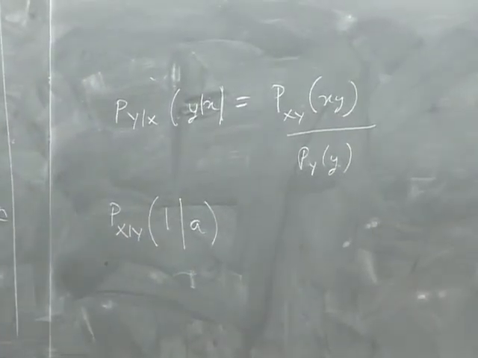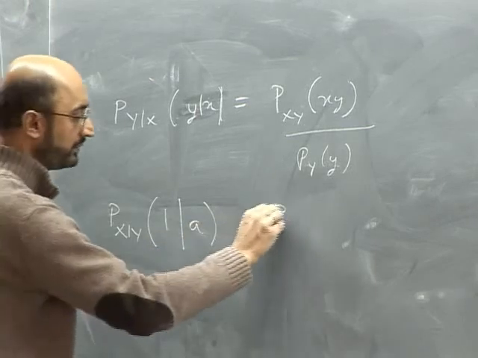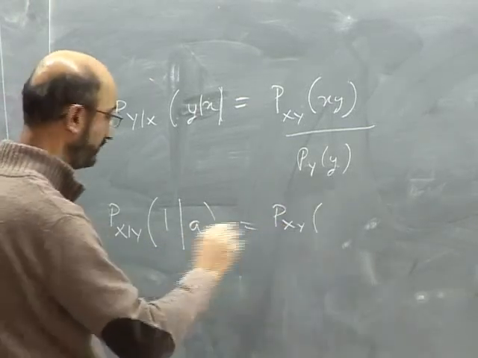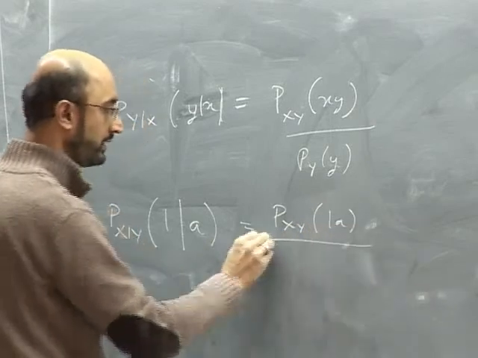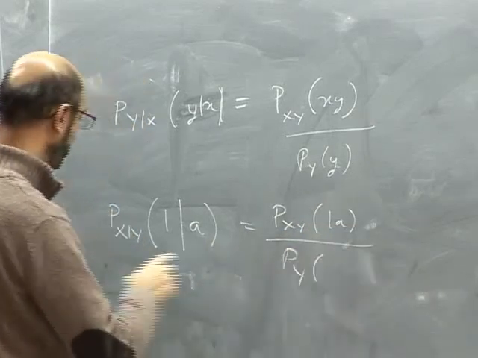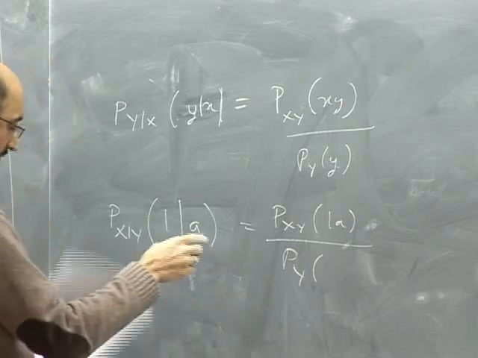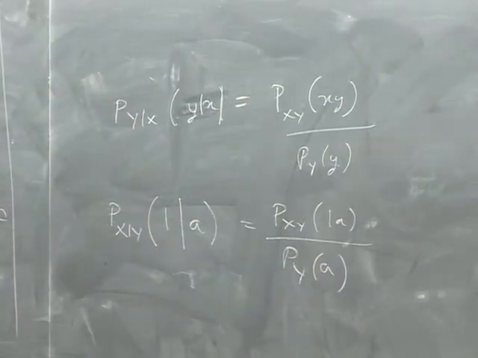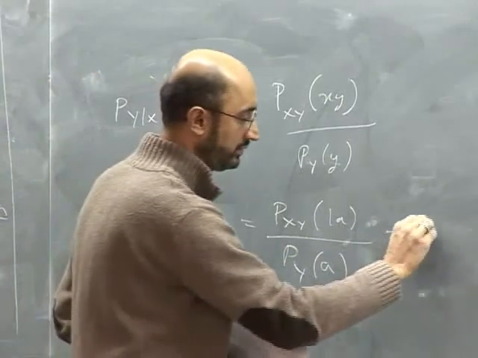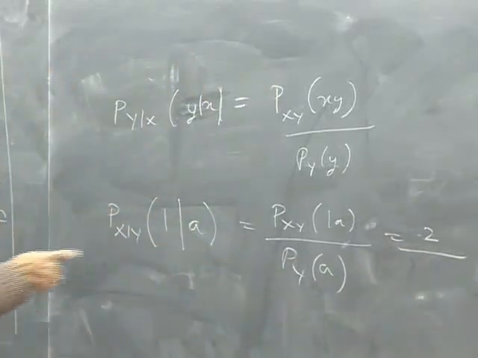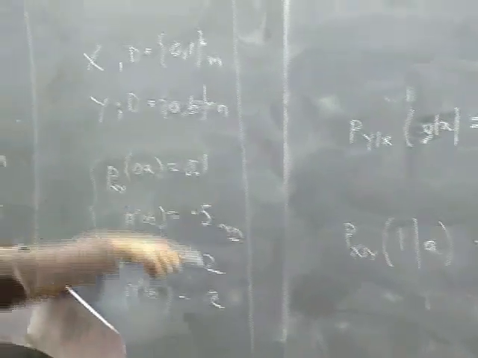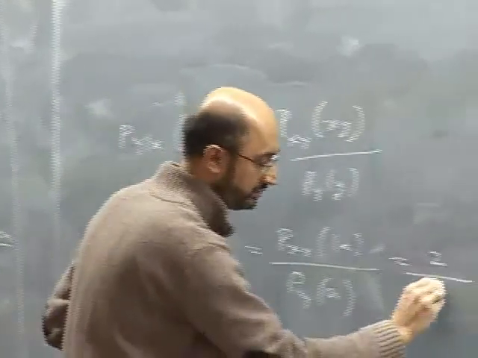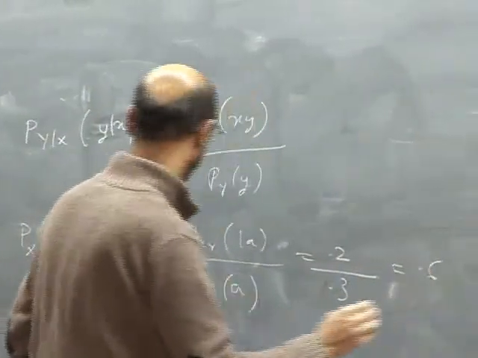To compute this, it is going to be the joint probability p x y of the joint event 1a divided by p y of a. The probability of 1a is 0.2, we know that, and p y of a is just 0.3, so this is going to be 0.6.